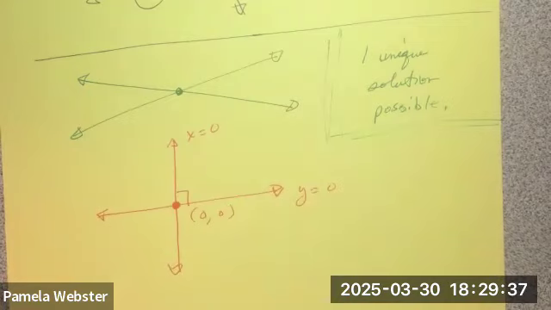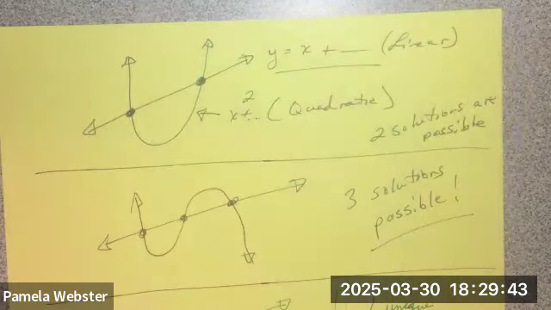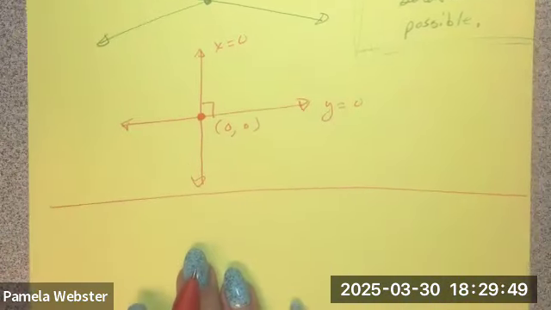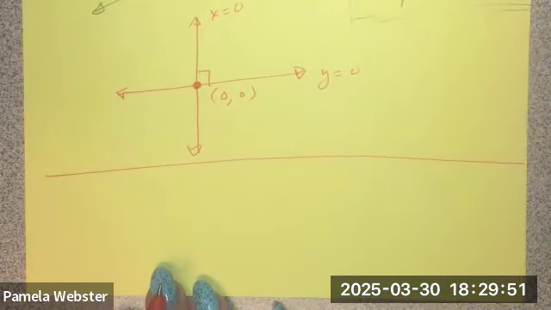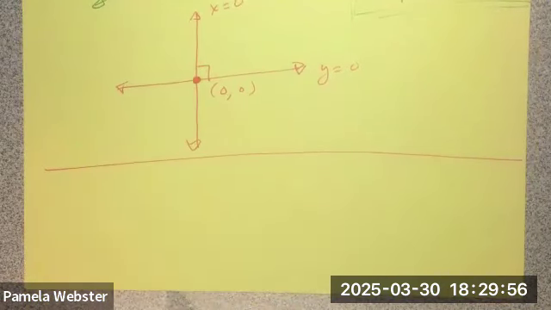If we had those 2 linear equations, they only have one unique solution, right? It's not going to look like a parabola bending back on itself. So that's why I said there's only one unique solution when I'm dealing with linear, and that's what we're going to talk about in this class.